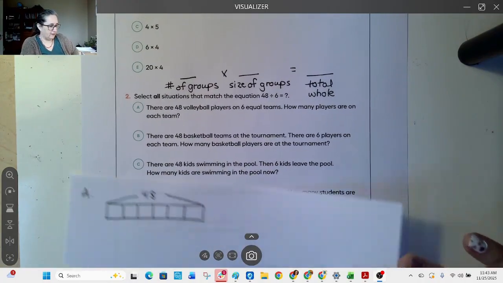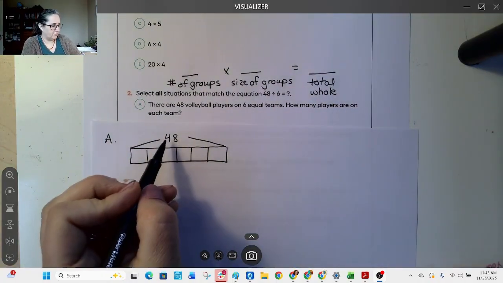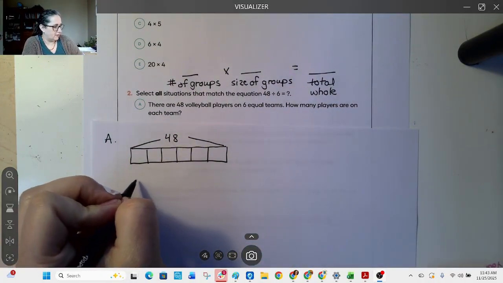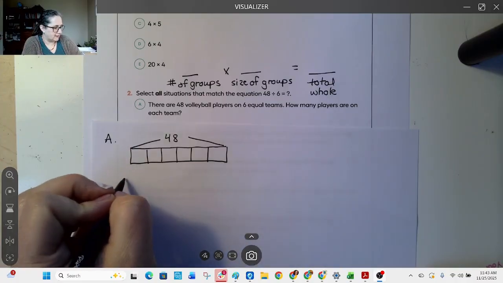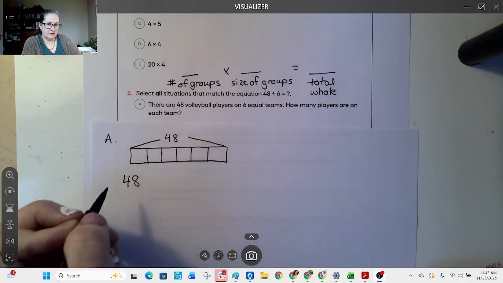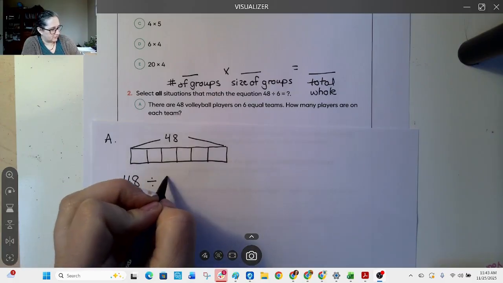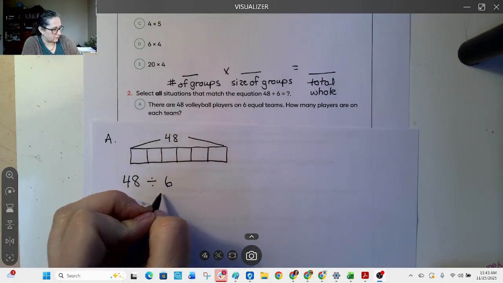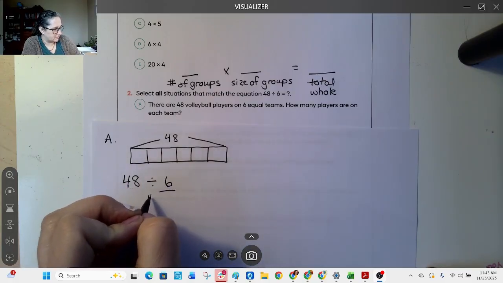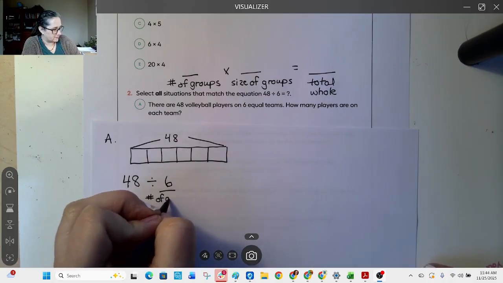So in this one, we know 48 is going to be divided up into 6 equal groups. So this is the number of groups.